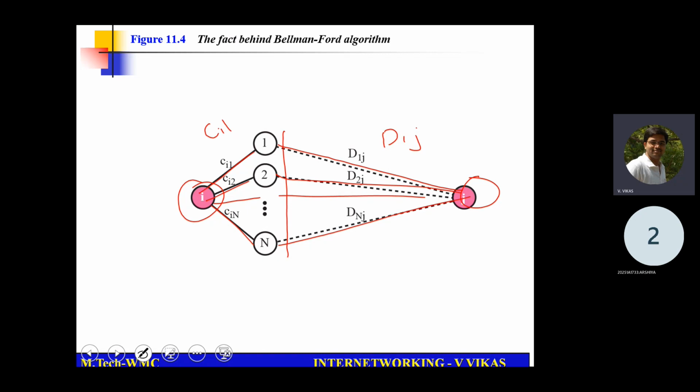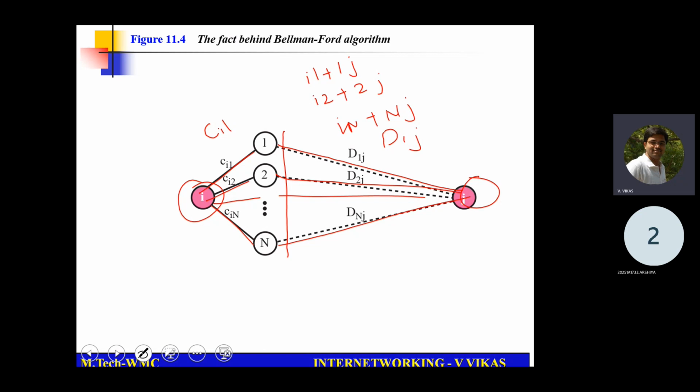Whenever I want to find the cost involved from I to J, it will be the cost from I to 1 plus 1 to J, or I to 2, 2 to J, or I to n, n to J. For all the available paths, we have to find out the total cost. After finding this, we select the one which gives the minimum cost.